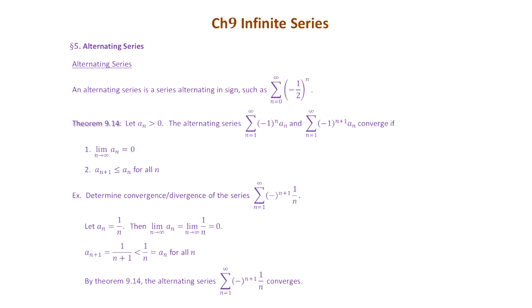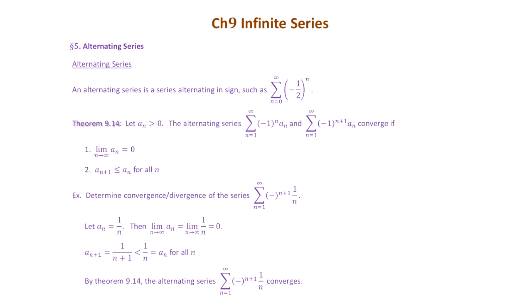So we just need to check the two conditions, whether they're met or not. So in this case, the magnitude of each term is an equal to 1 over n. And obviously the limit of 1 over n is 0 as n approaches infinity. Also, the magnitude decreases as n increases.